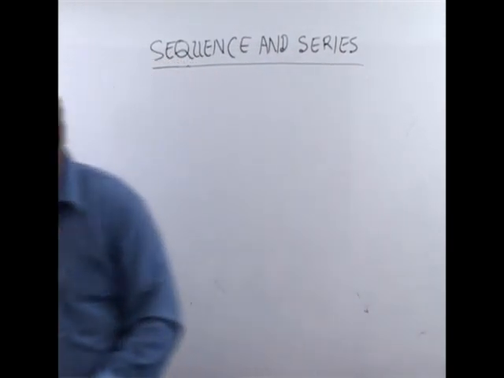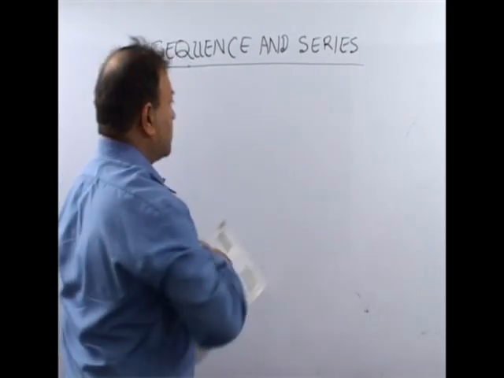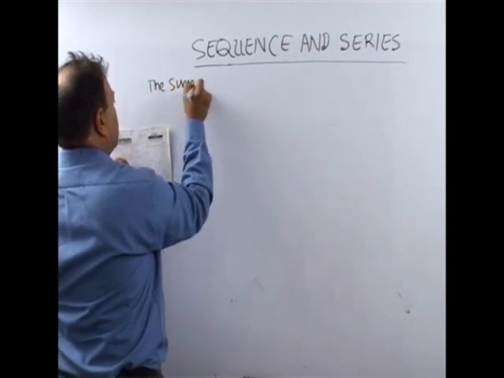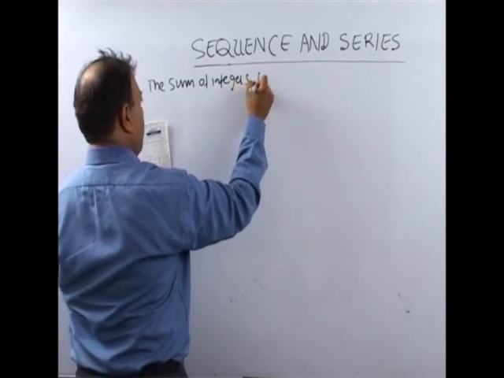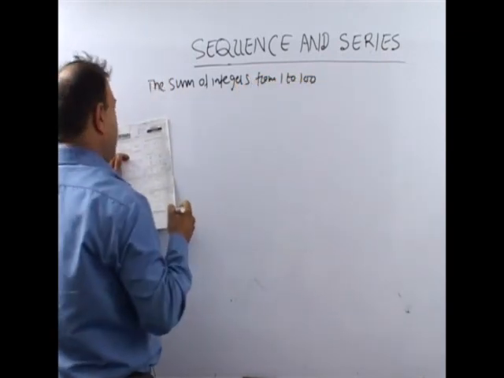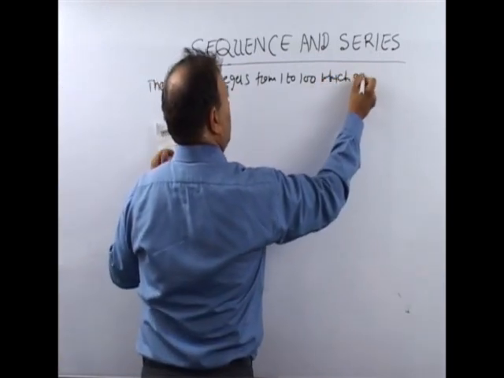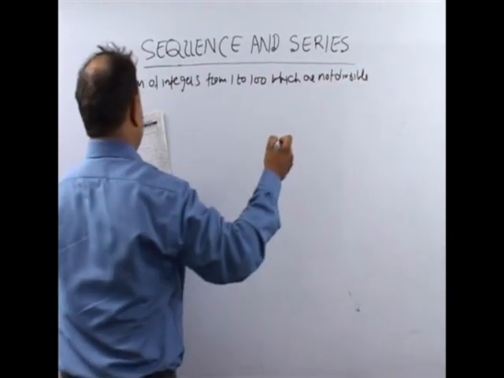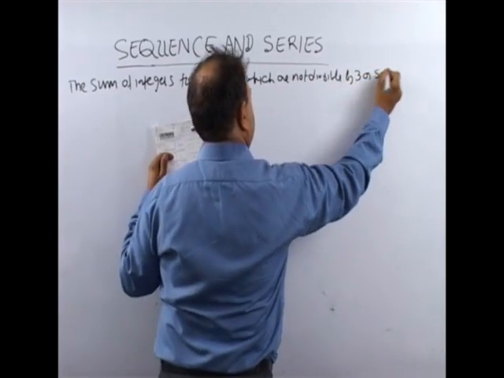The problem is: the sum of integers from 1 to 100 which are not divisible by 3 or 5 is.